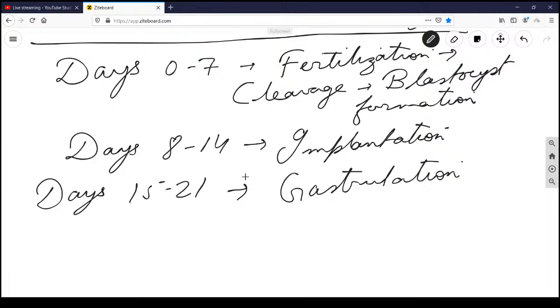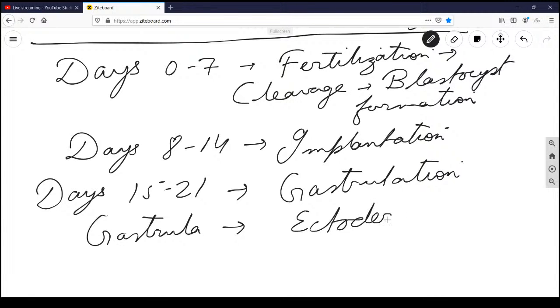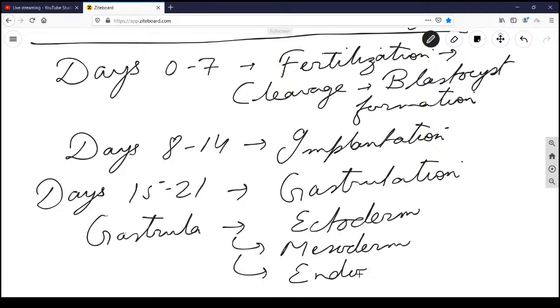Now what will the gastrula contain? The gastrula contains what you might have heard in class 11th as the three embryonic germ layers: ectoderm, mesoderm, and endoderm. Right? Now the ectoderm gives rise to the nervous system, skin and all. The mesoderm gives rise to the heart, muscle, connective tissue. The endoderm gives rise to the internal structures, right? Pancreas, liver, urinary system, reproductive tract.